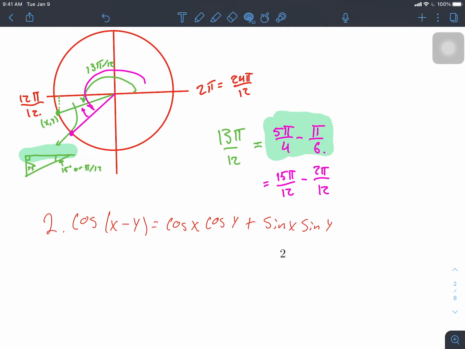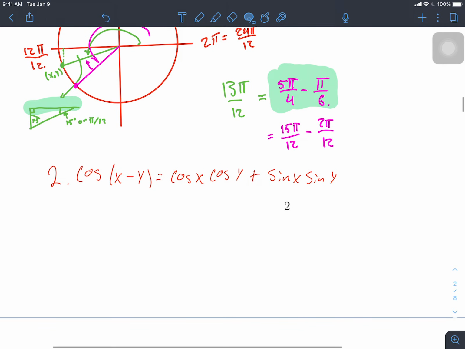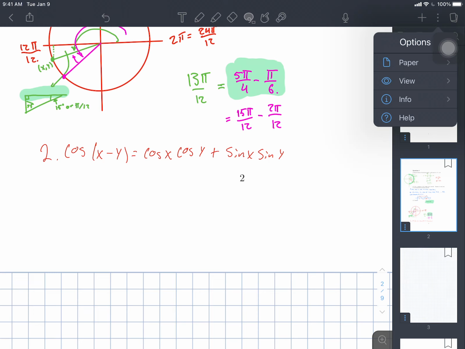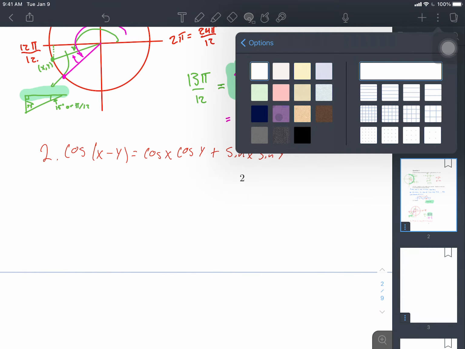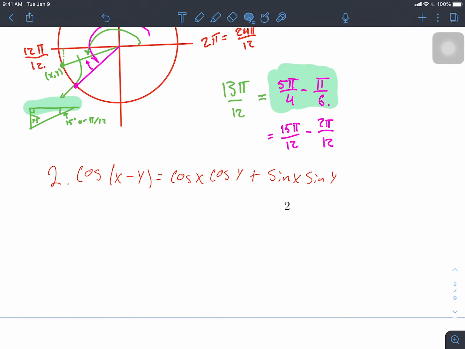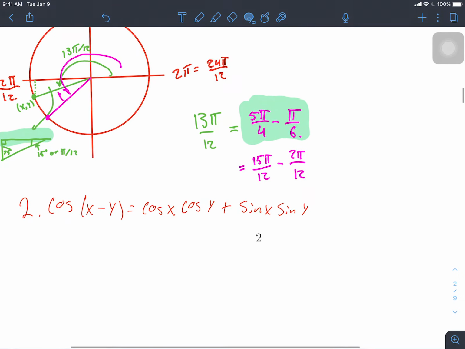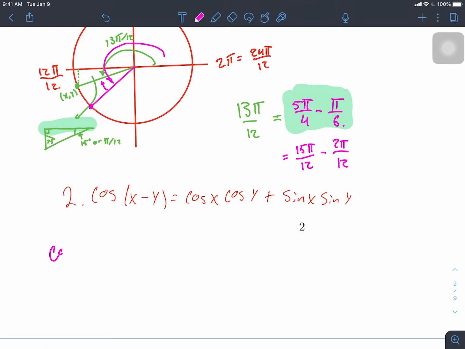Okay, so we're gonna rewrite our problem as cosine. It was cosine of 13 pi over 12. I'm gonna rewrite that as cosine of 5 pi over 4 minus pi over 6.